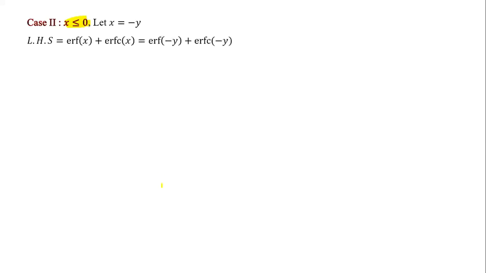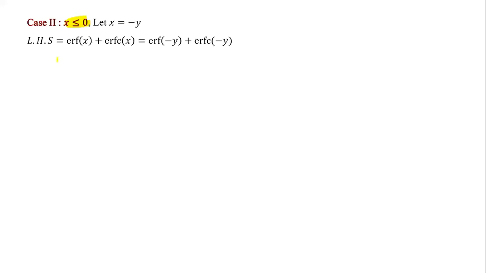Now consider the second case where my x is less than or equal to 0. So here my x is negative, so I consider the negative value for x, say x is equal to minus y. And now consider the LHS.